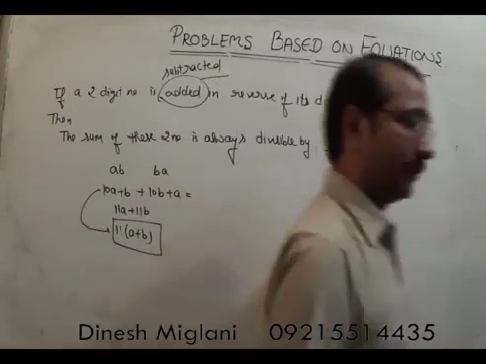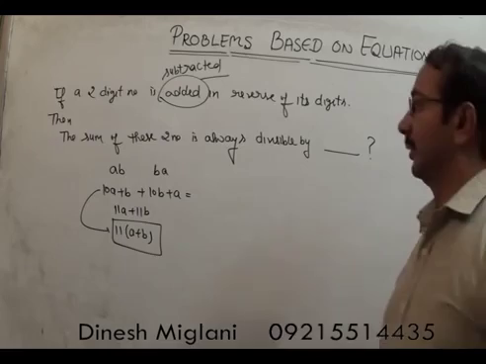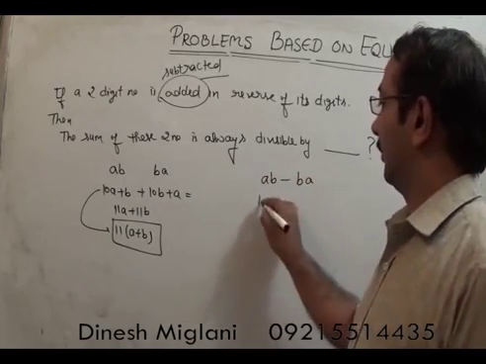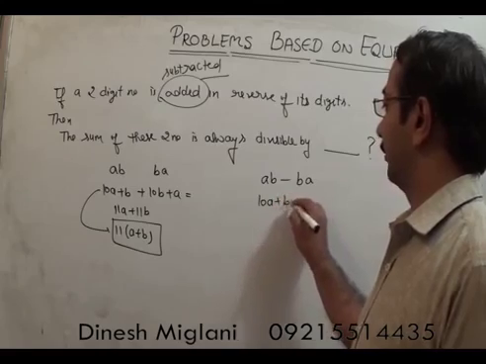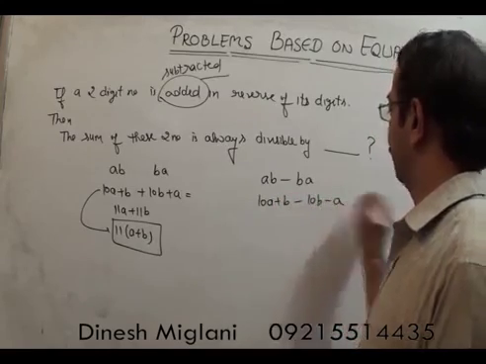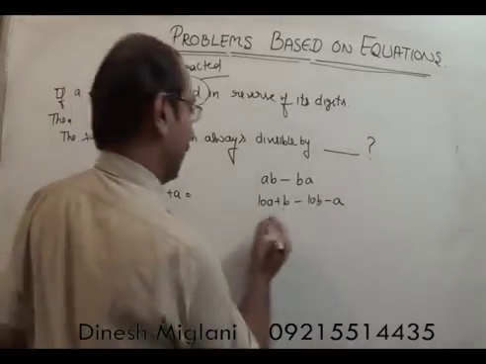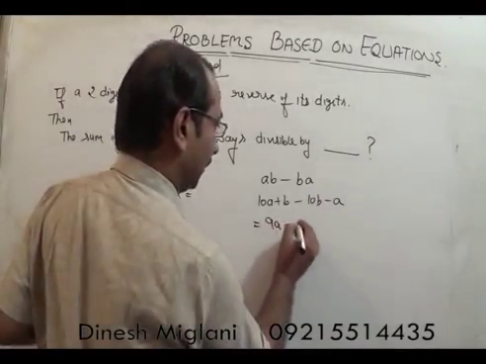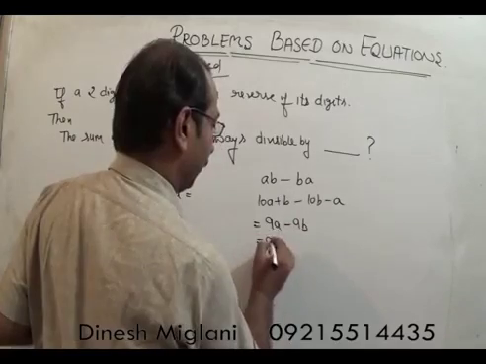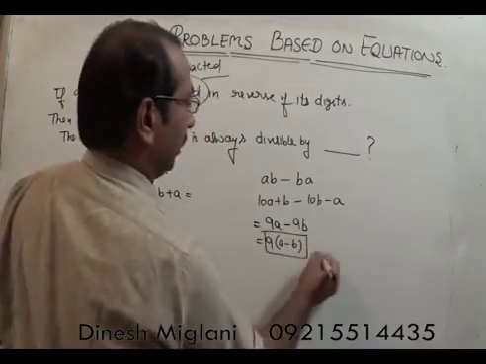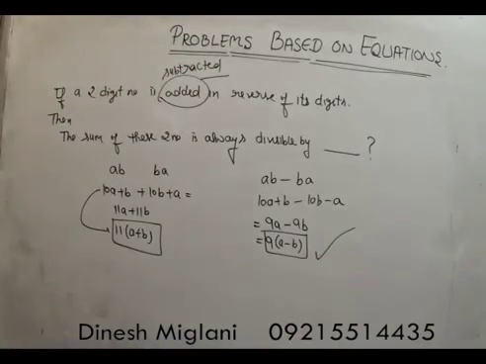That simply means AB minus BA. AB is 10A plus B minus 10B minus A. 10A minus A is equal to 9A minus 9B. 9 would be taken as common, we get A minus B. So we can say their subtraction is always divisible by 9.